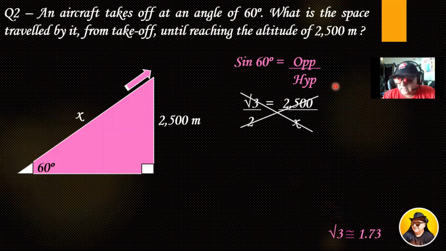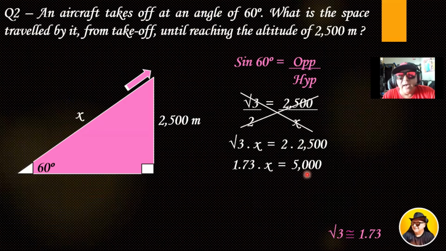So let's start. The square root of 3 times x, and 2 times 2,500. Let's replace the square root of 3. It's 1.73, and 2 times 2,500 is 5,000. So I have here 1.73 times x is 5,000.